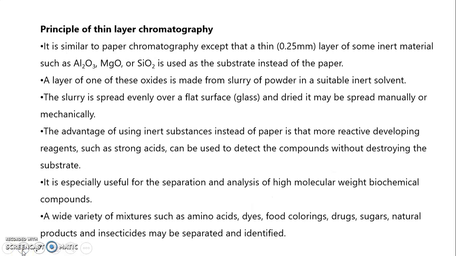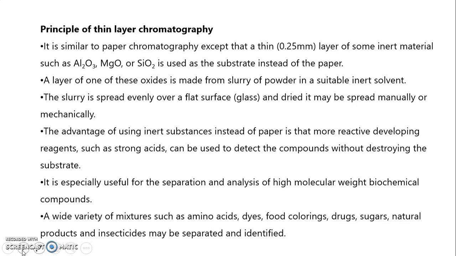Then the principle. As I said, the main principle is adsorption, that is the selective adsorption of a component on the surface of the adsorbing medium. It is similar to paper chromatography except that it has a very thin layer of adsorbing material such as alumina, silica, magnesium oxide, etc. The substrate is spread on a surface instead of paper.